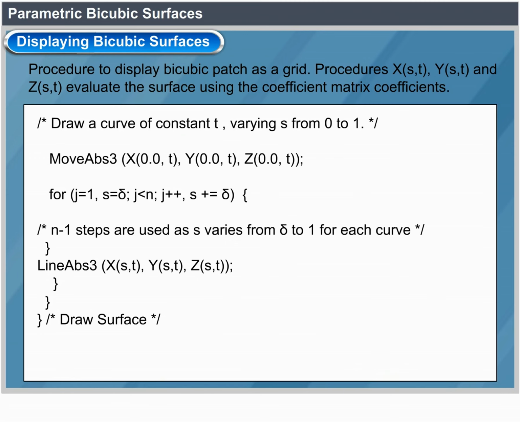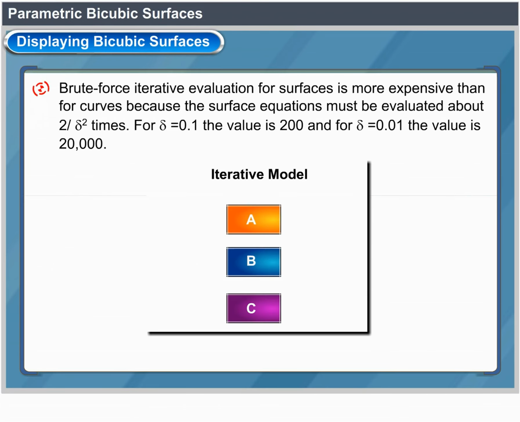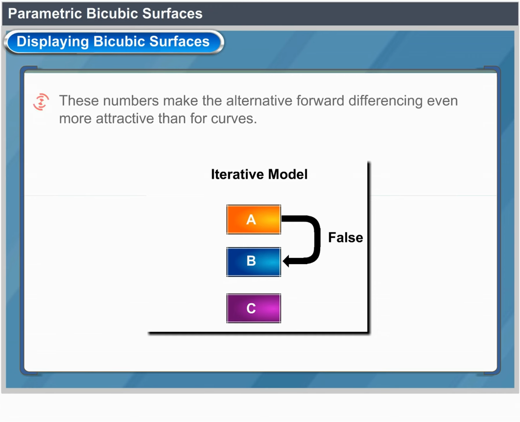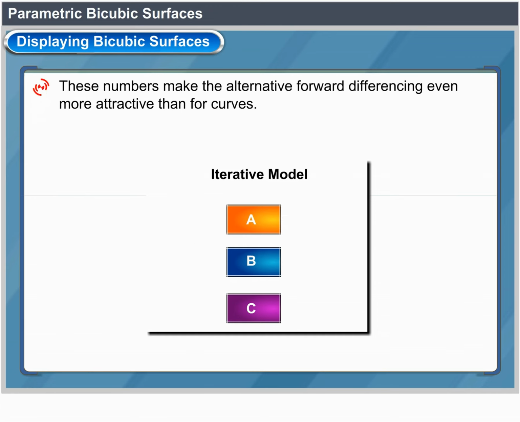Brute force iterative evaluation for surfaces is even more expensive than for curves because the surface equations must be evaluated about 2 over delta squared times. For delta equals 0.1, this value is 200. For delta equals 0.01, it is 20,000. These numbers make the alternative, forward differencing, even more attractive than it is for curves.